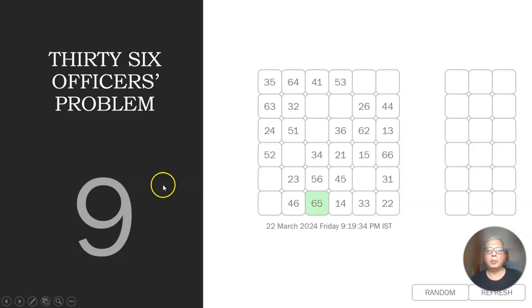So now the number of blank cells is 9. Now it is 8.